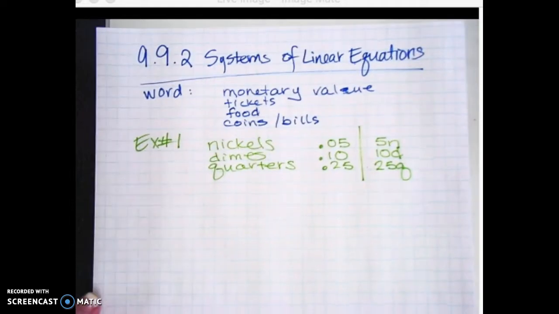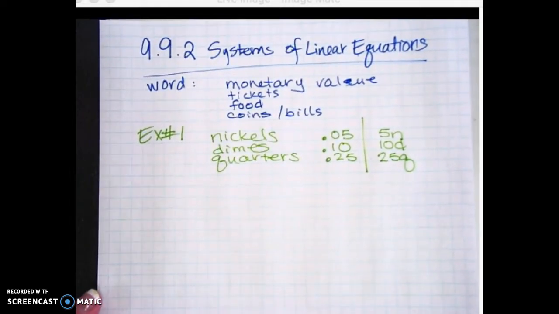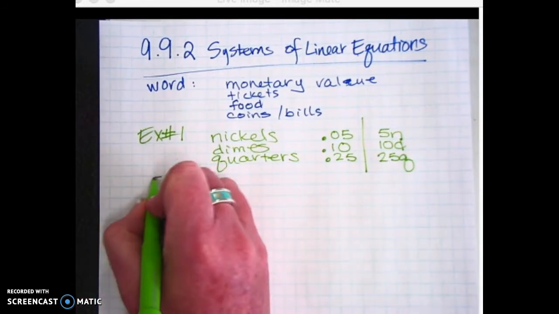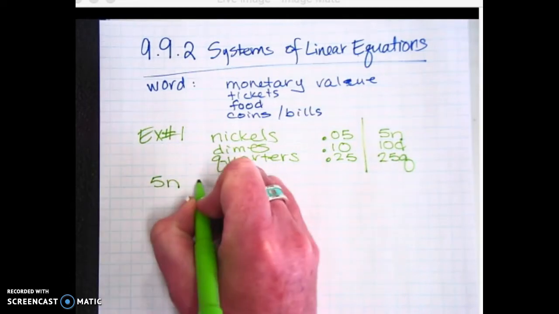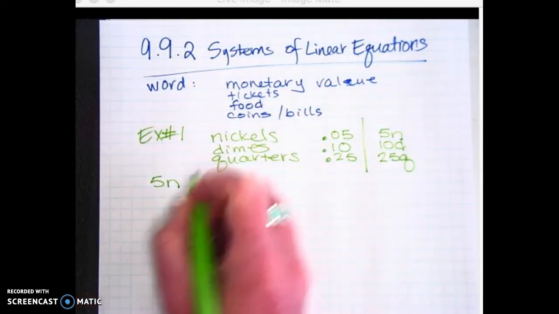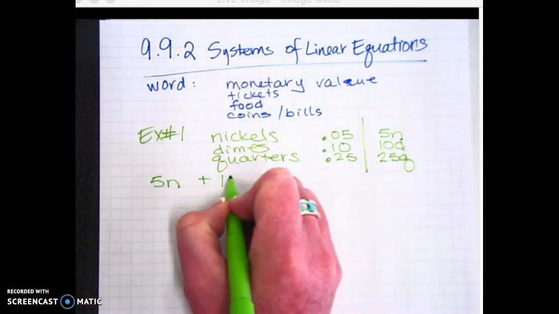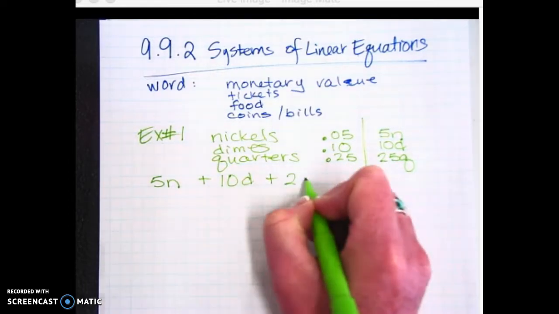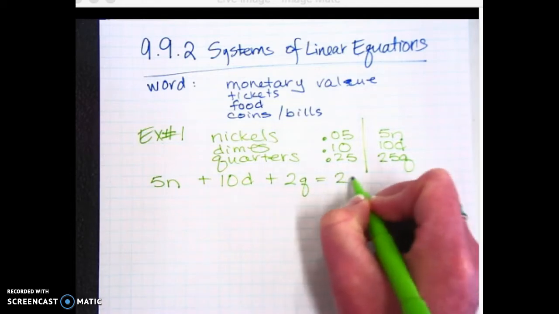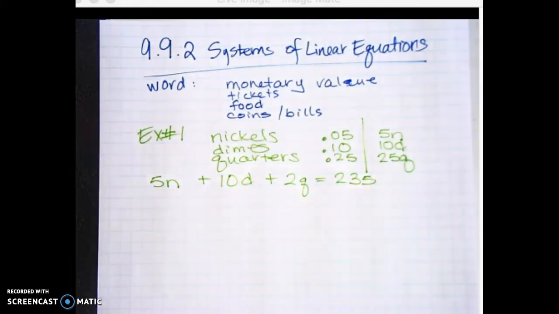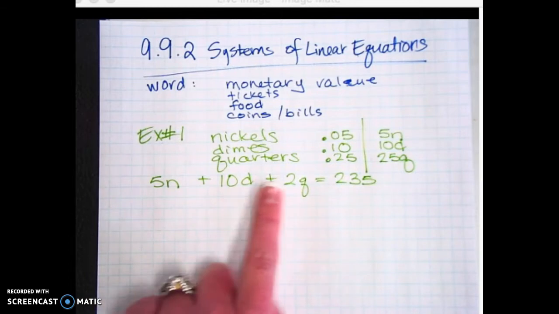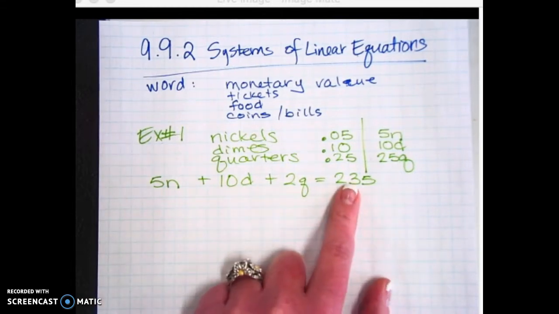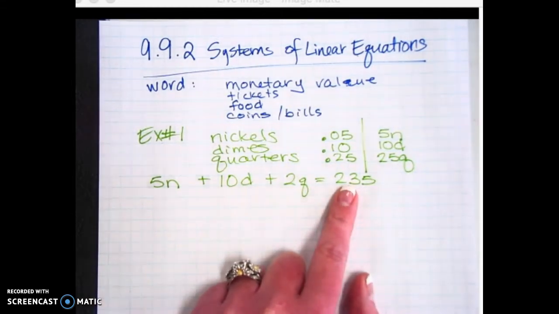So if you have a problem and it says something like, the first person has a certain amount of nickels and a certain amount of dimes, plus a certain amount of quarters, and they have $2.35. Since I wrote these without decimals, I'm going to write my $2.35 without decimals as well.